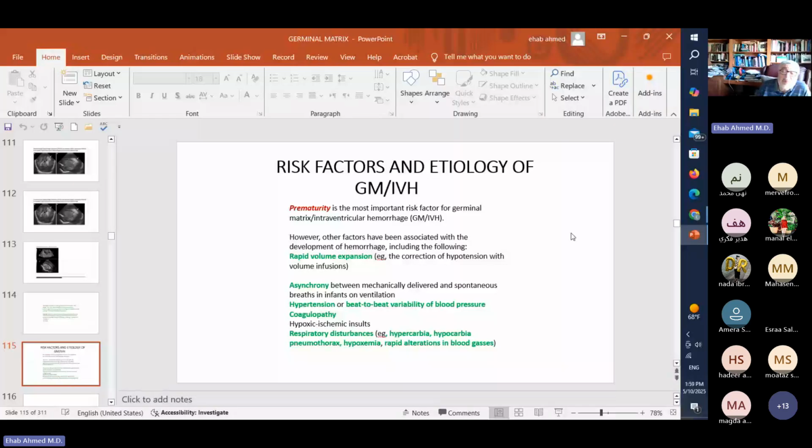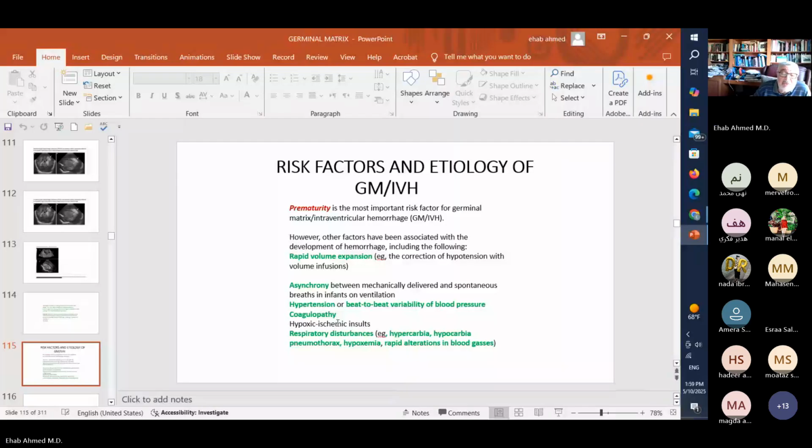It's up to you. So prematurity and prematurity. Some other risk factor, rapid volume expansion, and we explained why. Asynchrony between mechanically ventilated baby breaths and spontaneous breaths, because this will increase the venous pressure and will cause more congestion and more elevation of the pressure in the germinal matrix vasculature.